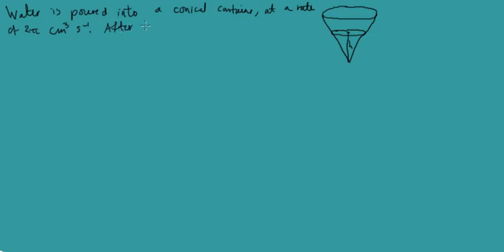After t seconds, the volume of the water in the container is V centimeters cubed, and it's given by V equals a 12th pi h cubed, where h is the height of the water.